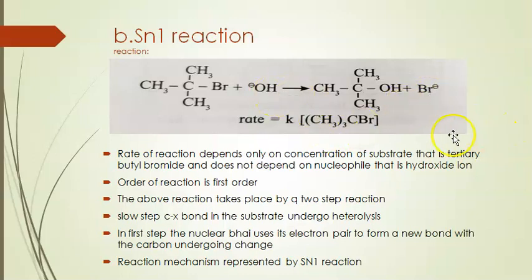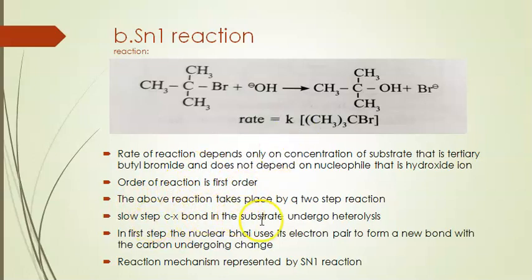In this reaction, the rate depends only on the concentration of tertiary butyl bromide, the substrate, and does not depend on the nucleophile, the hydroxide ion. Therefore, the order of this reaction is first order.